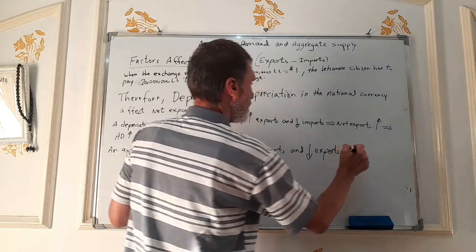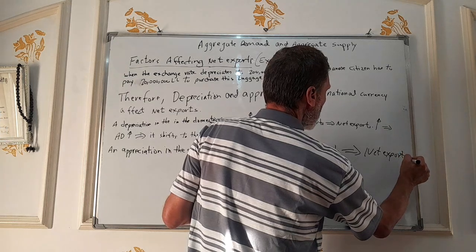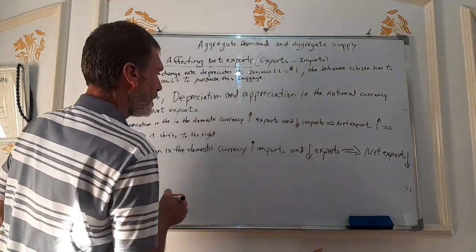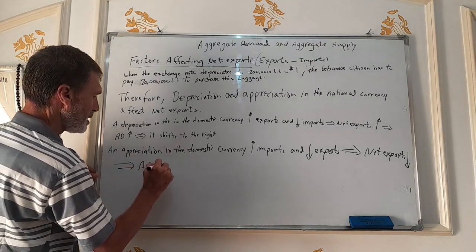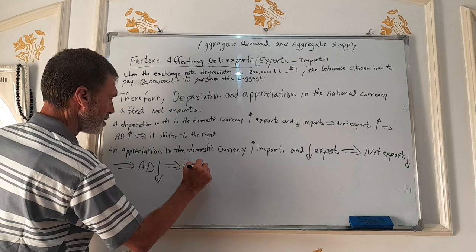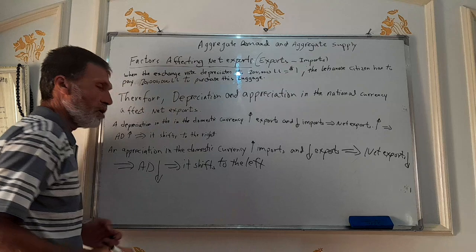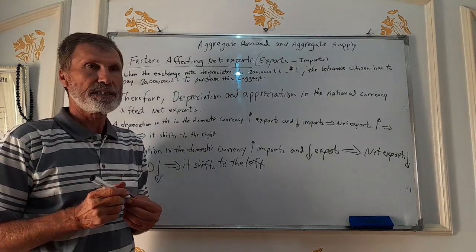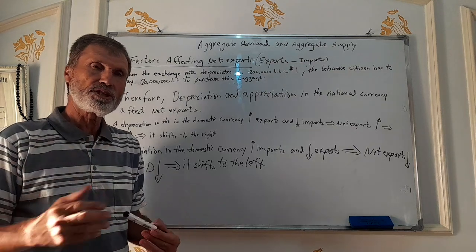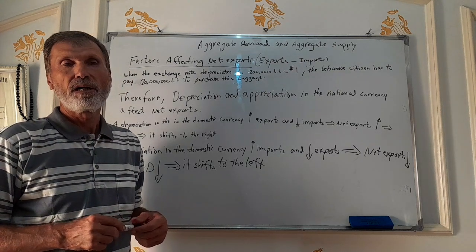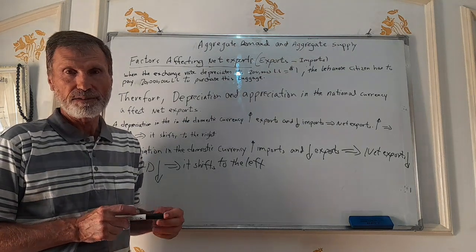That implies net exports decrease, okay, which implies aggregate demand will decrease. That means it shifts to the left. So from this example, we can see that depreciation and appreciation in the currency will have a big effect on net exports, and therefore it has an effect on the aggregate demand.